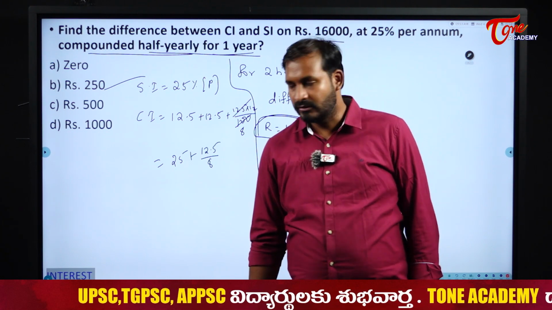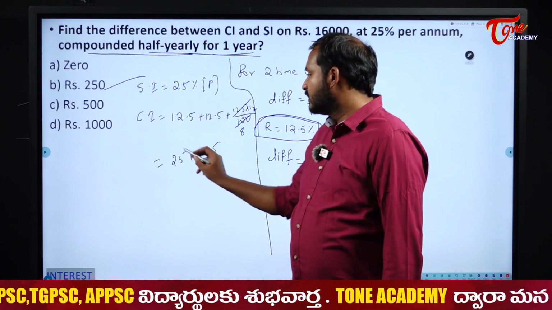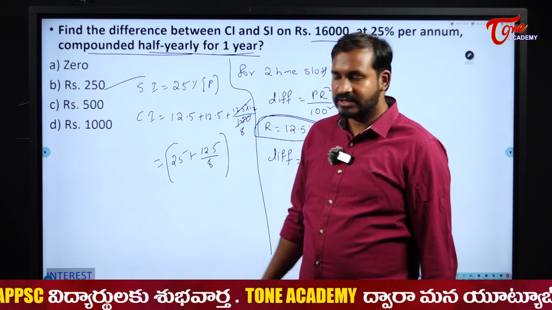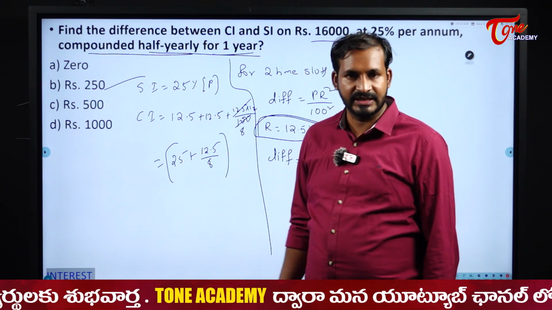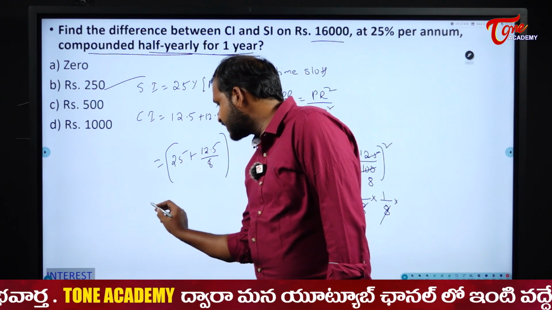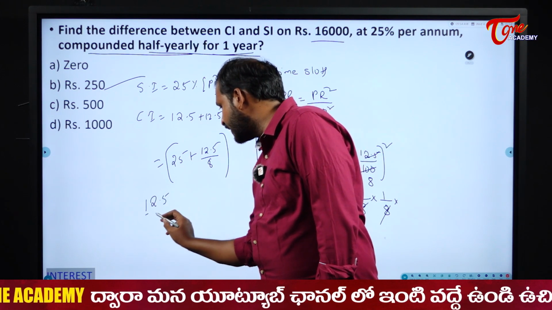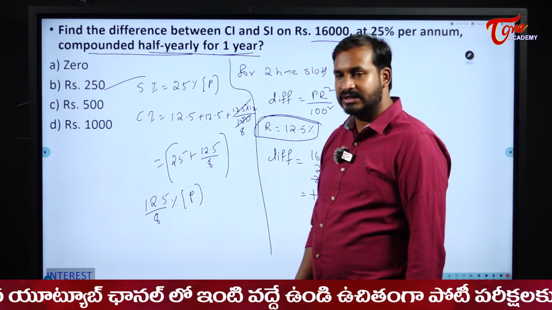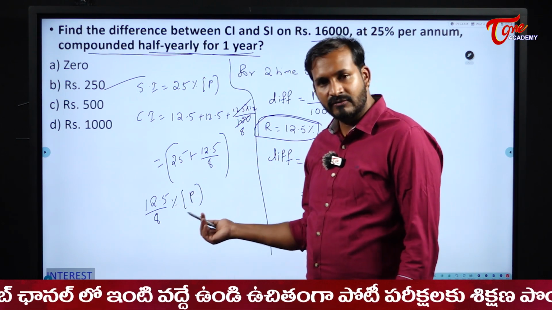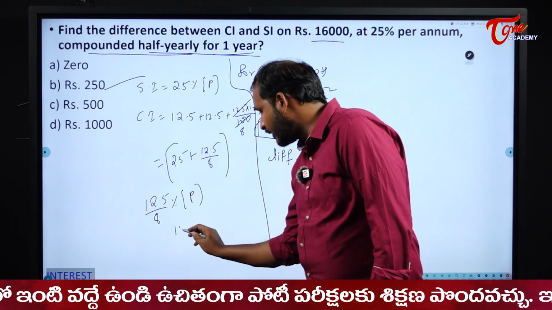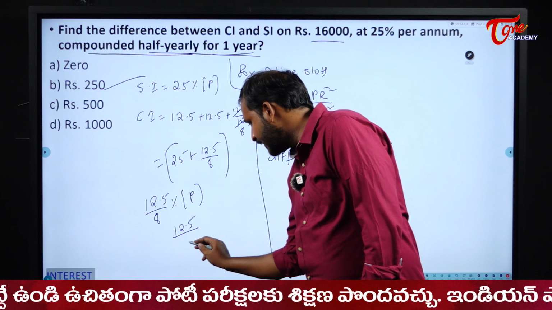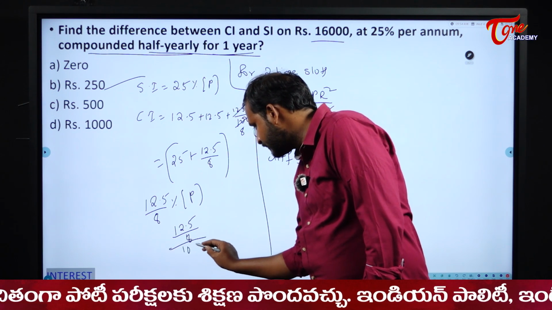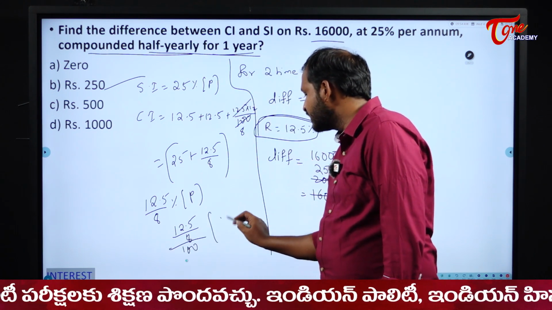Now please observe here, students. 25% both are same. So what is the difference here? It becomes 12.5 by 8% of principal. So as usual, you can write this as 12.5 by 8 whole by 100 into what is the principal here?